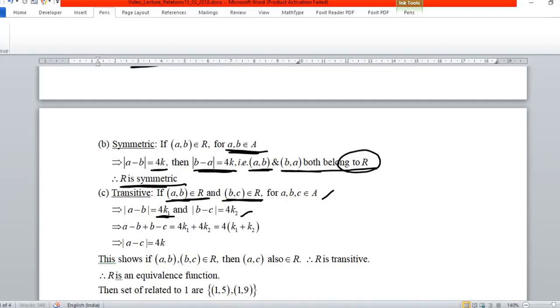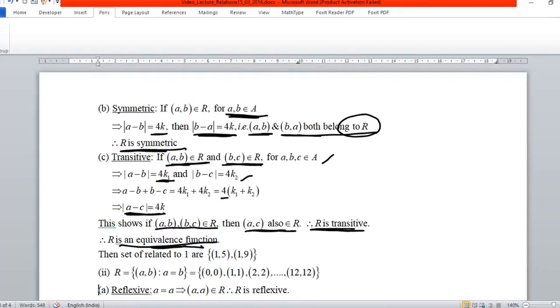If I add these two relations, a minus b plus b minus c is equal to 4 times k1 plus 4 times k2, which is 4 times (k1 plus k2), and hence a minus c is a multiple of 4. This means that if (a, b) belongs to R and (b, c) belongs to R, then (a, c) also belongs to R, and therefore R is transitive in nature. Since R is reflexive, symmetric, and transitive, our relation is an equivalence relation.